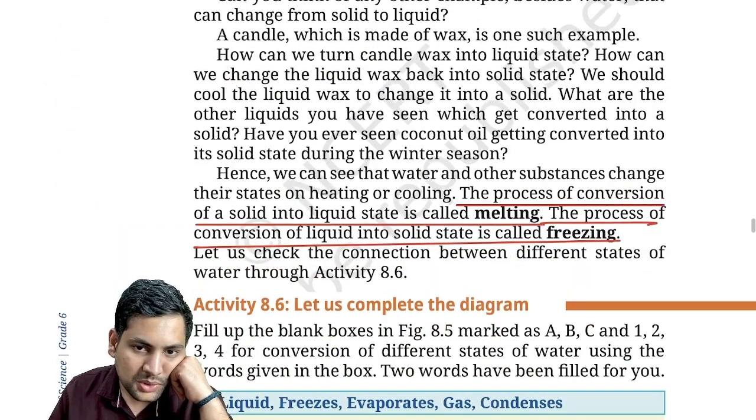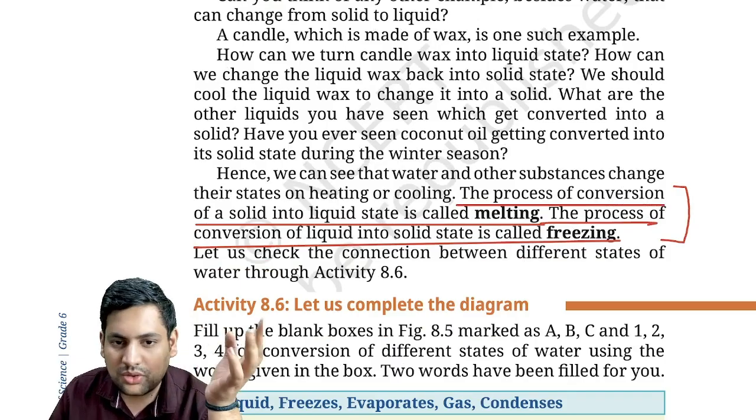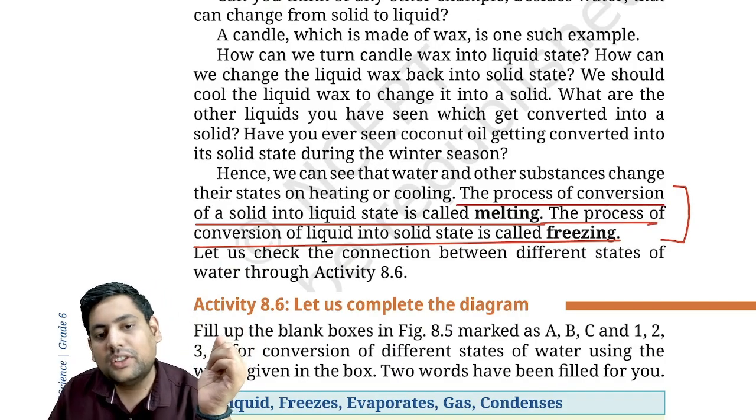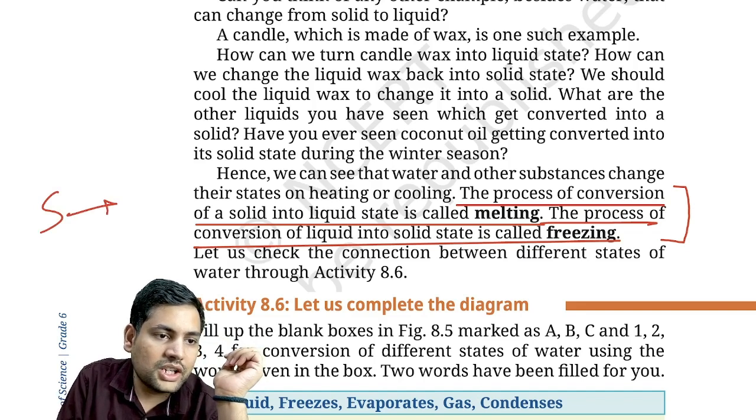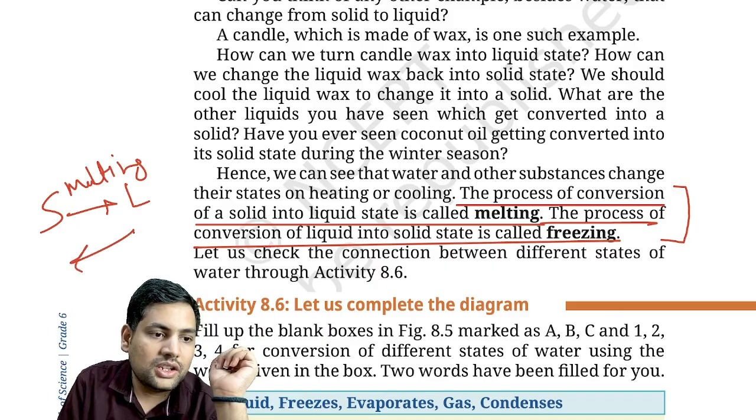Then it talks about the process of conversion of a solid into liquid, which is called melting. This you know. The process of conversion of liquid to solid is called freezing. Very simple. So solid to liquid is called melting, and liquid to solid is called freezing.